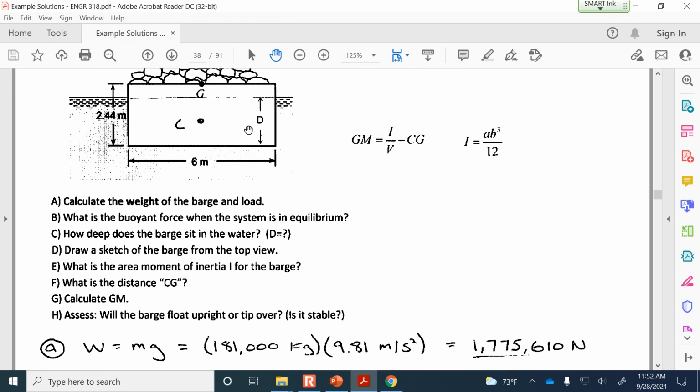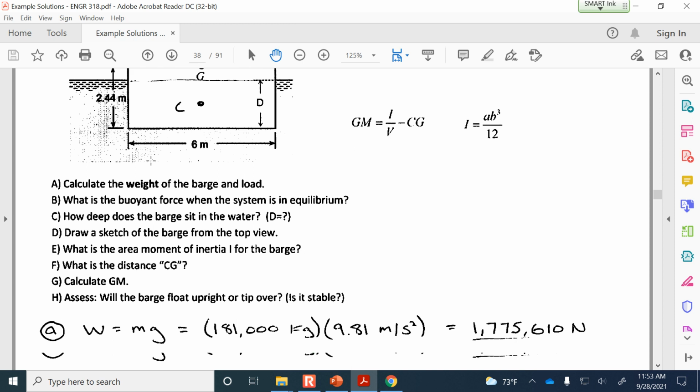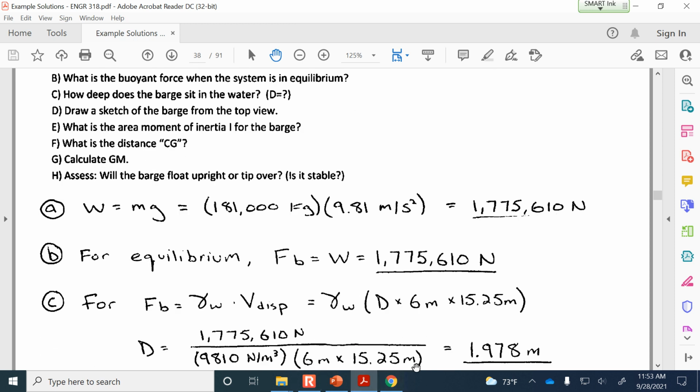So how deeply it sits is going to be dictated by how heavy it all is. It's going to come into equilibrium based on how heavily laden it is. From that we can see that the buoyant force is the unit weight multiplied by the volume displaced. All the other terms are known except for the depth of submergence.